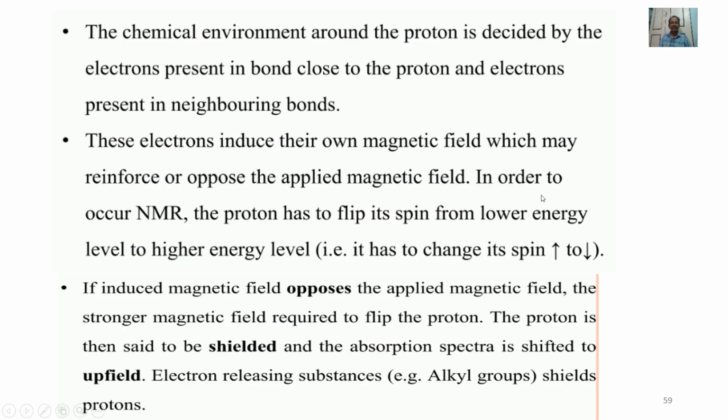That is, it has to change its spin from up to down. If the induced magnetic field opposes the applied magnetic field, a stronger magnetic field is required to flip the proton. The proton is then said to be shielded, and the absorption spectrum is shifted upfield. Electron releasing substances shield the protons.